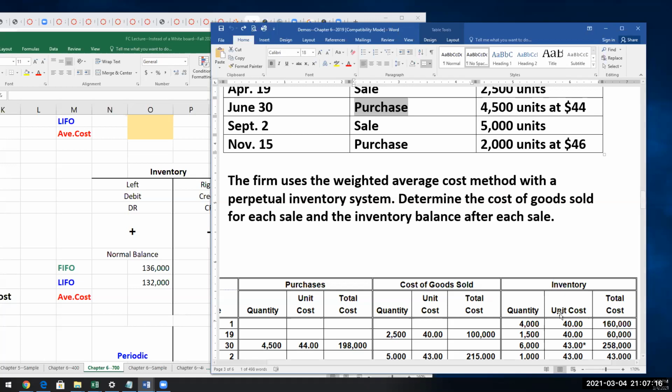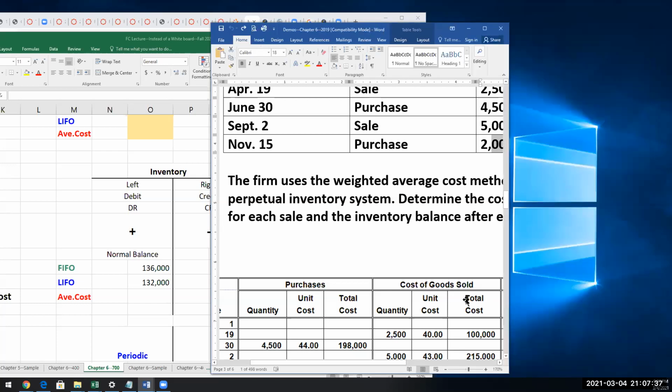Because the last one, we're going to buy 2,000 more. So we're going to have to come up with a new average cost. Okay, so we did this math before. 2,000 times 46, that's 92. So 92 plus 43 tells us how much inventory we have. So we come over to here, come down to here.